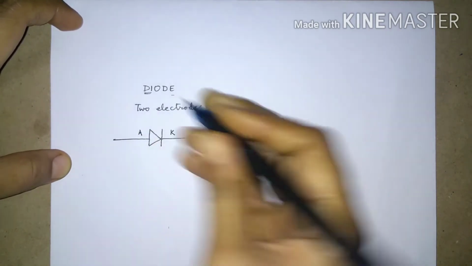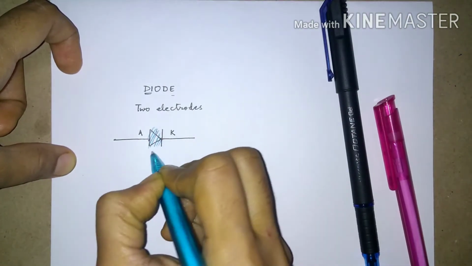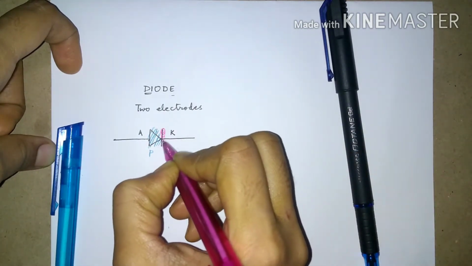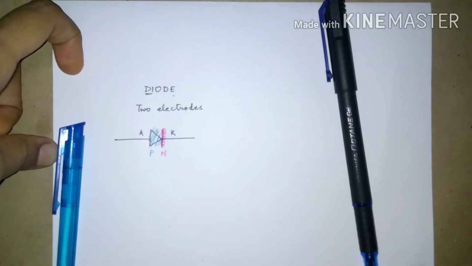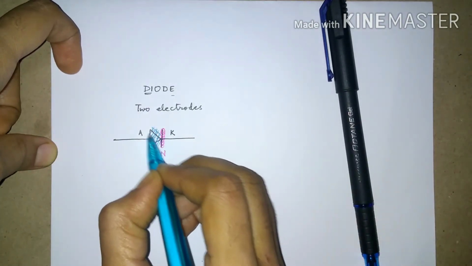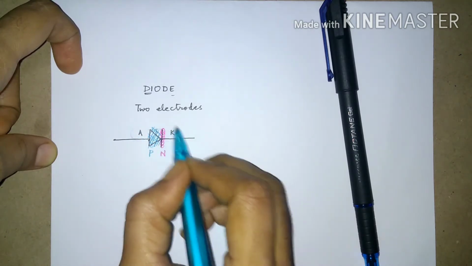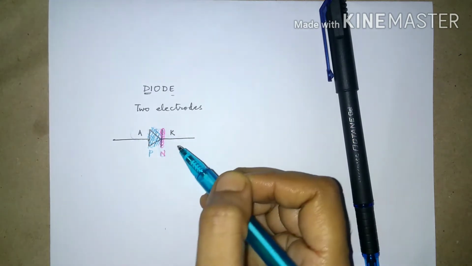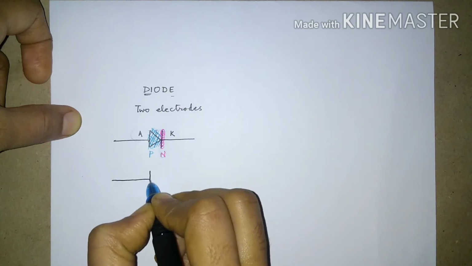This indicates p-type and this indicates n-type. Whatever is connected to p-type is the anode, and whatever is connected to n-type is the cathode.